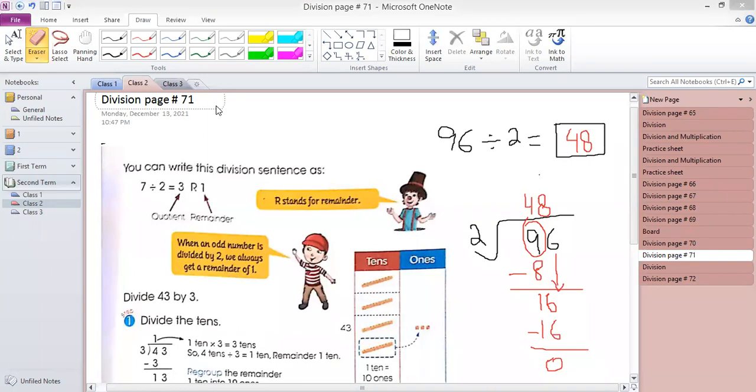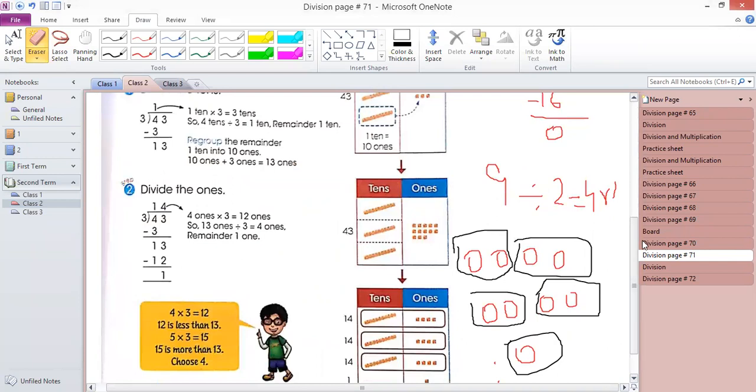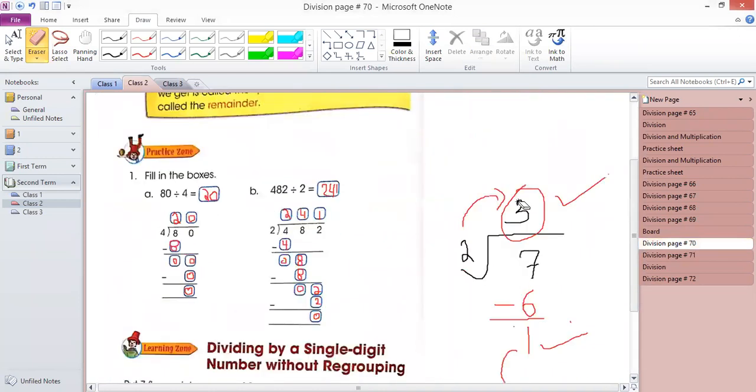Hamza Ahmad Suleiman. Yes, sir. What is your doubt? What is your question? Practice zone. Page number 7.